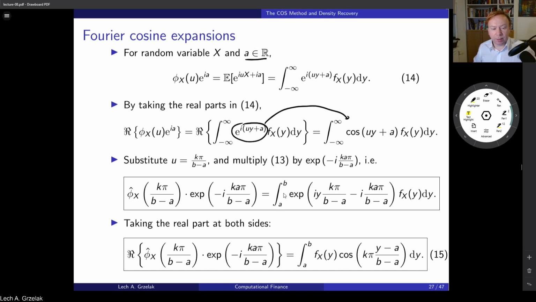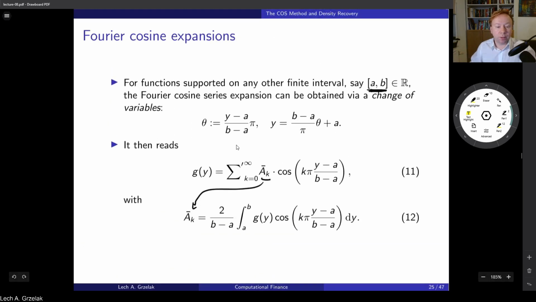And what is important, if we take now the real parts from both sides, the real part of the left-hand side and the real part of the right-hand side, we end up with a very interesting relation that you may remember from when we talked about the Fourier expansion. The function that we want to expand also depends on a function of a target, right? You remember that we had a function g, and the expansion, the approximation of function g, required that we integrate function g here.